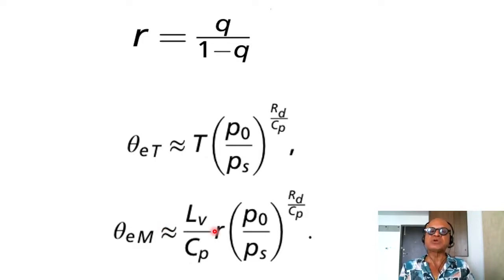Equivalent potential temperature here should be remembered as being closely related to the so-called wet bulb temperature, where if you put the thermometer then you get the in situ temperature, but if you put a moist towel around the bulb of the thermometer, then what it measures is the so-called wet bulb temperature.